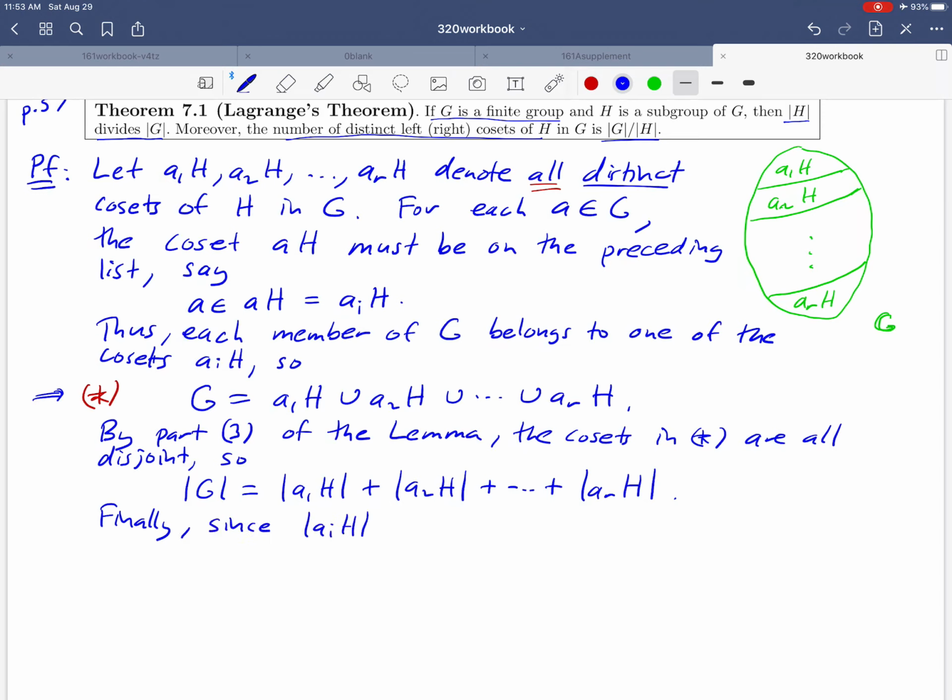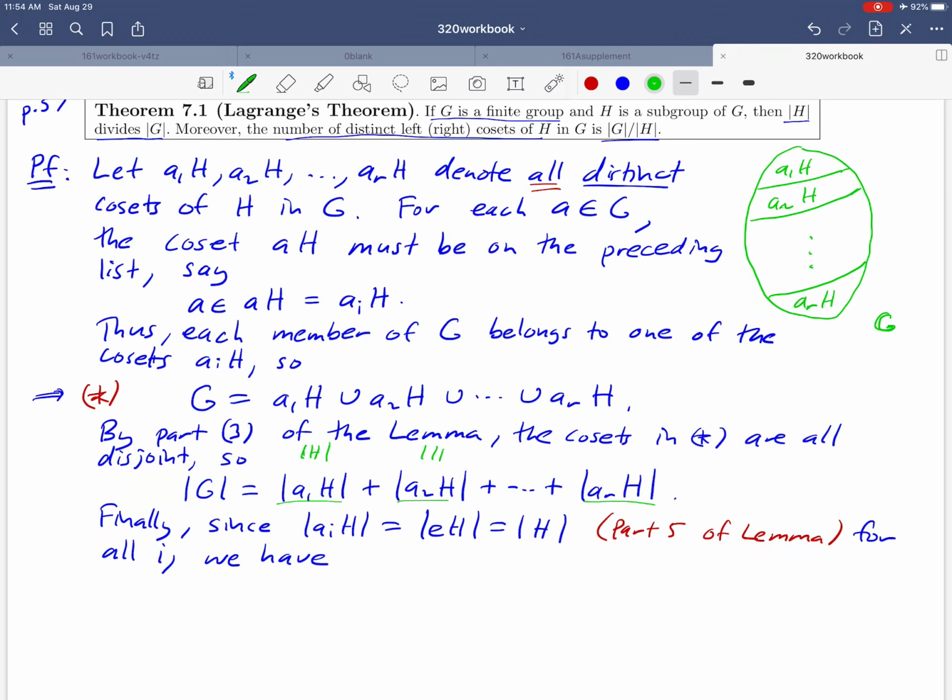Basically, every single one of the terms that we have here is equal to the order of H. So it's like taking the order of H and adding it to itself over and over again. How many times do we add it to itself? Notice that we add it to itself R times. We labeled this last one R. So that means the order of G is just going to be R times the order of H.